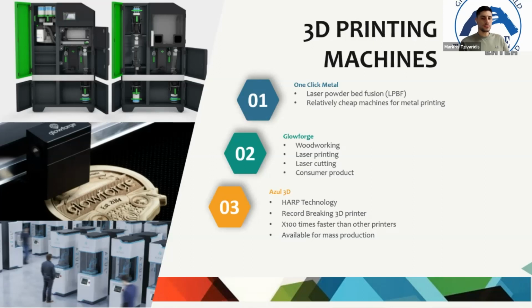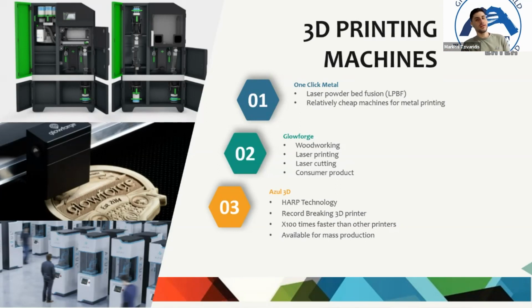The first one I would like to talk about is the One Click Metal company, which uses laser powder bed infusion technology, the one that we talked about, the professional one with metal, where metal is created through powder, as we said, with the use of laser beams.